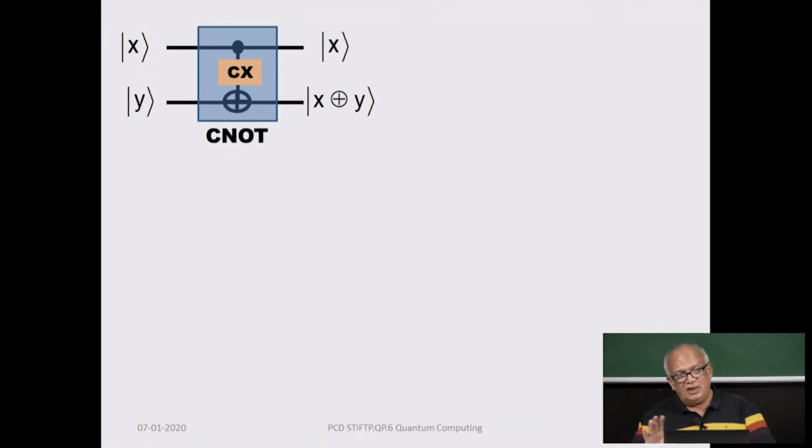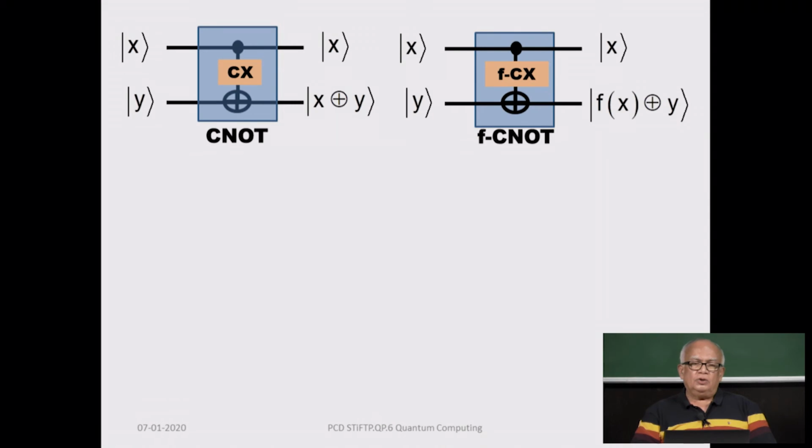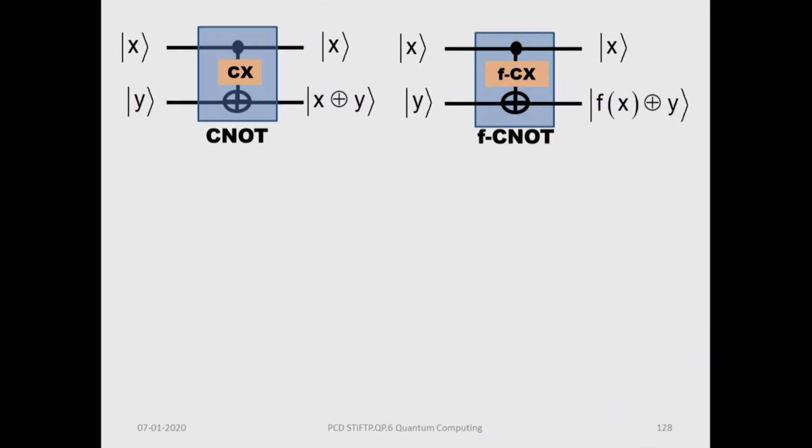It means that the logic of the XOR truth table is followed, which we have already seen is consistent with the control NOT operation. So, instead of the control NOT, we are going to use the function control NOT.